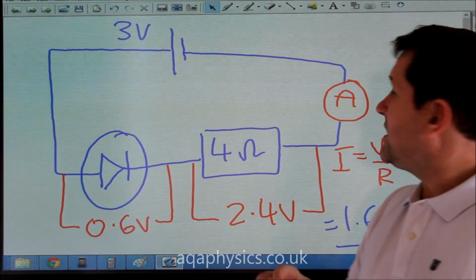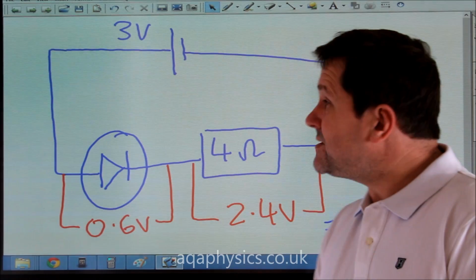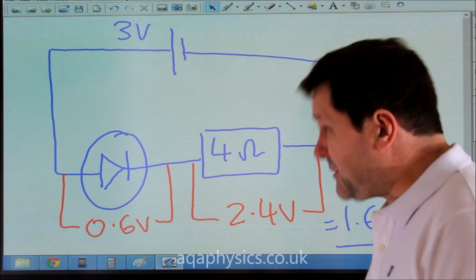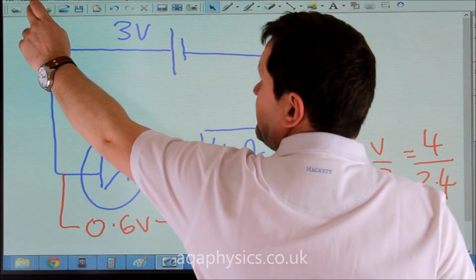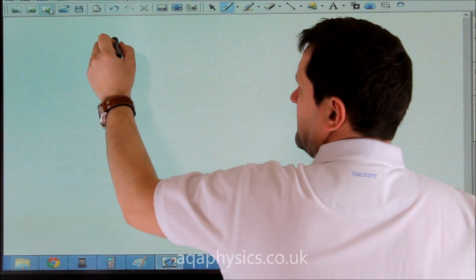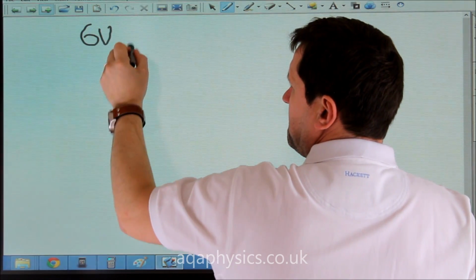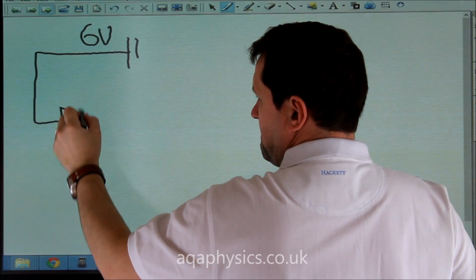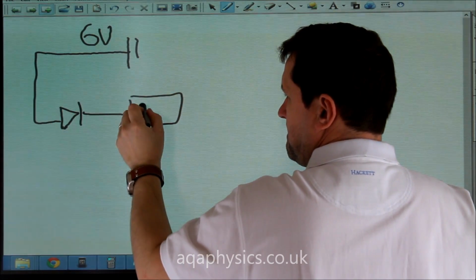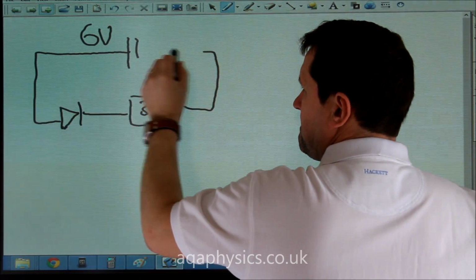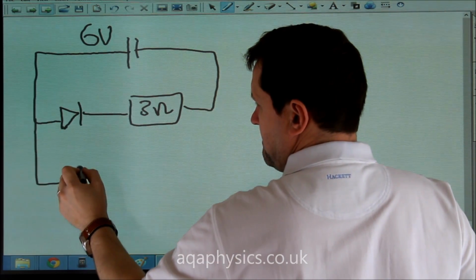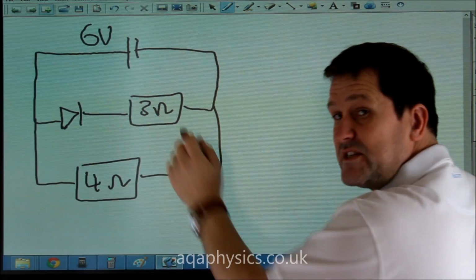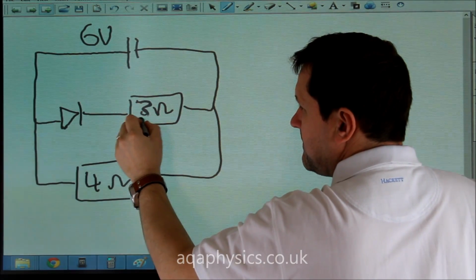Okay, now we could have it in more complex problems such as a parallel circuit. So if you saw it in a more complex problem, it might look like this. This is a 3 ohm resistor.